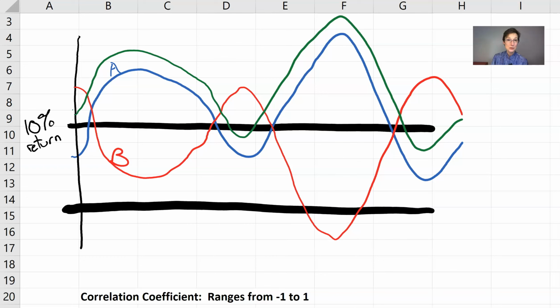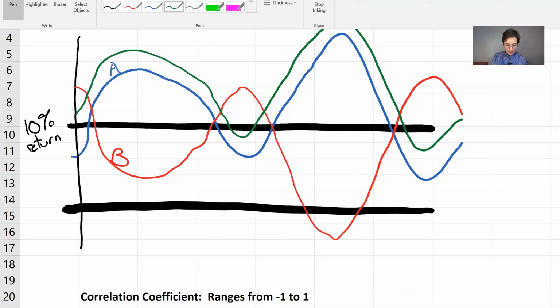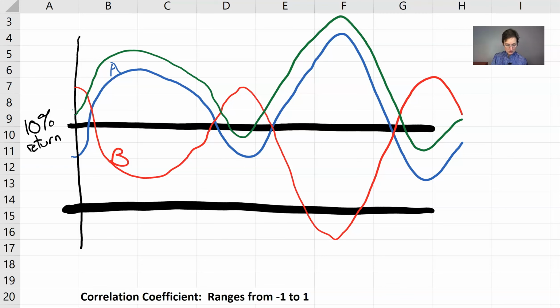Another way to do risk reduction would be to find two stocks that are perhaps positively correlated, but one lags behind the other. One immediately reacts to shocks in the economy, and the other one takes perhaps a month before it is reflected in the stock price.